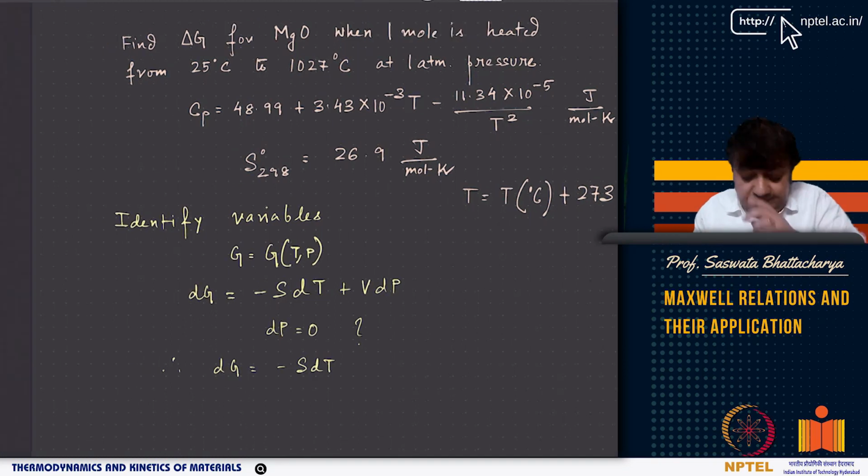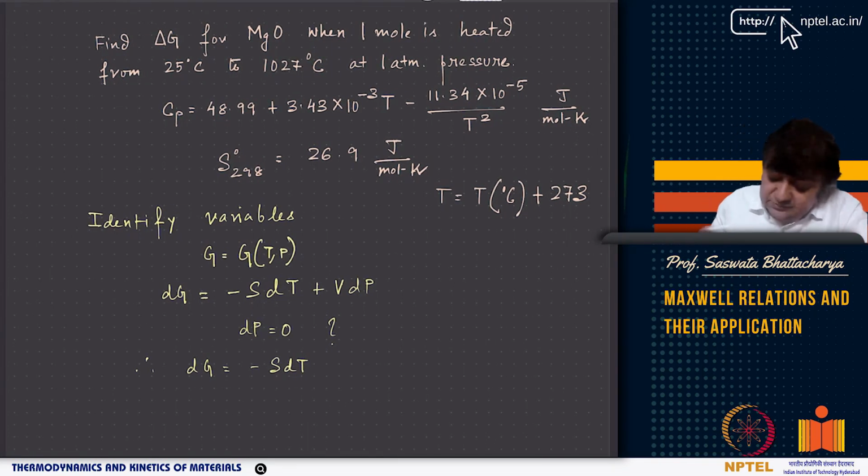Now let us look at how you use this type of relations. You just find out which relation to apply. For example, if I tell you find the delta G, that is the change in free energy for magnesium oxide when 1 mole of magnesium oxide is heated from 25 degrees Celsius to 1027 degrees Celsius at 1 atmosphere pressure.